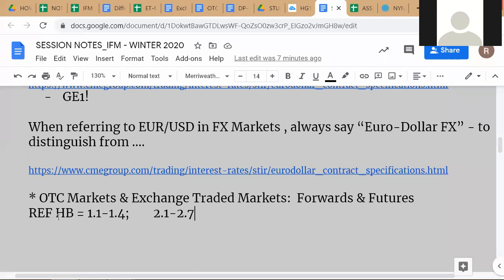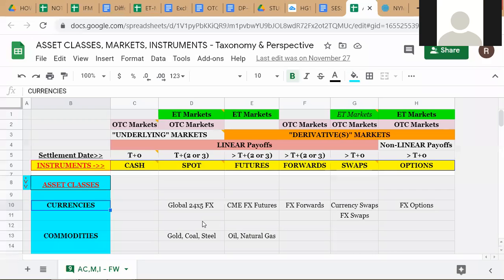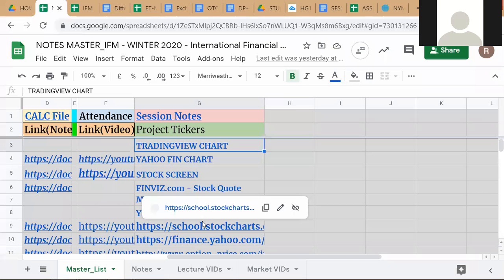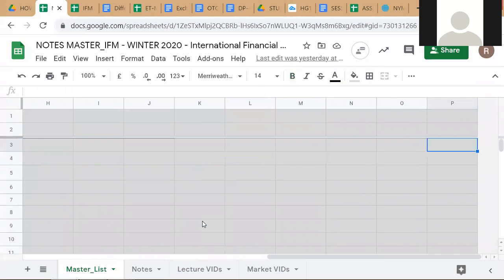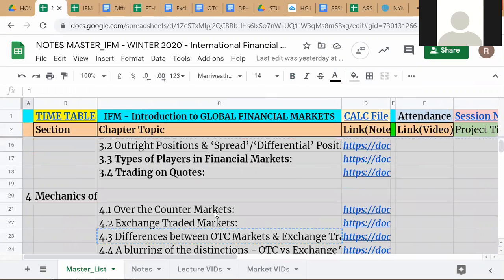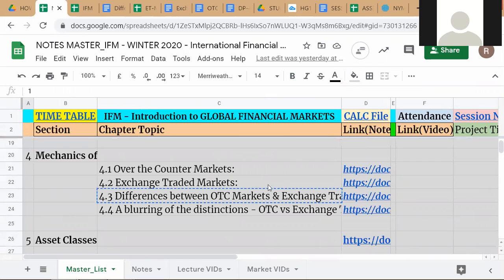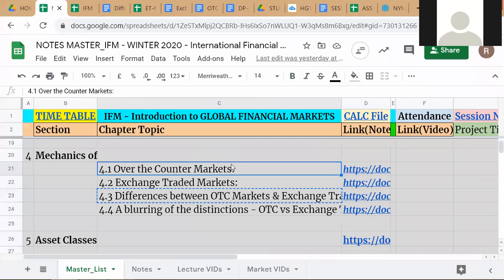As far as your readings are concerned, go to Hull and Basu, and cover these chapters as quickly as possible. And then, of course, we have our own notes. This is what we are doing, so we have to cover all this now. Please make sure you read all this.